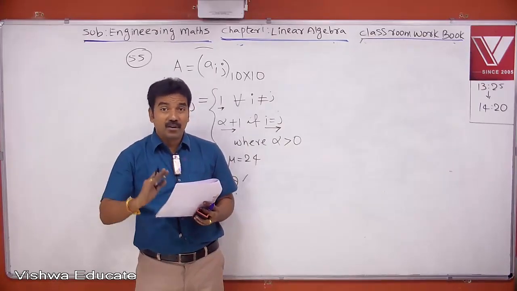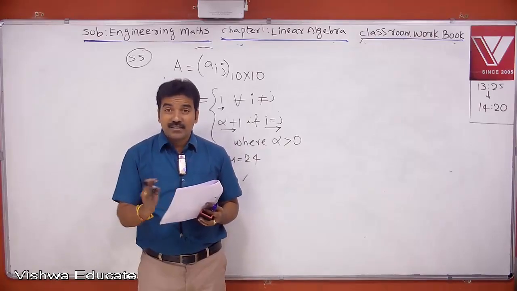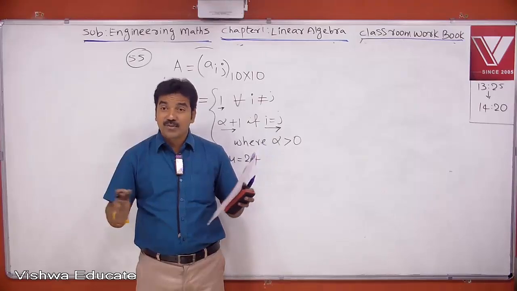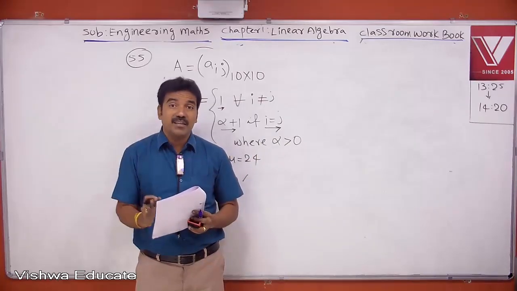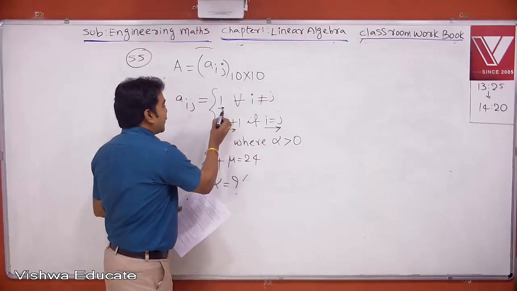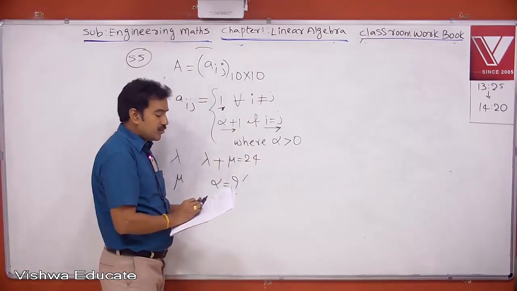Of course, it takes some time, but we can manage. But if it is a 10 by 10, then finding largest and smallest eigenvalues may be tough. Here size is very complicated, so definitely there will be some flexibility in terms of elements of that matrix. This is the flexibility: non-diagonal elements are 1, diagonal elements are restricted to alpha plus 1.